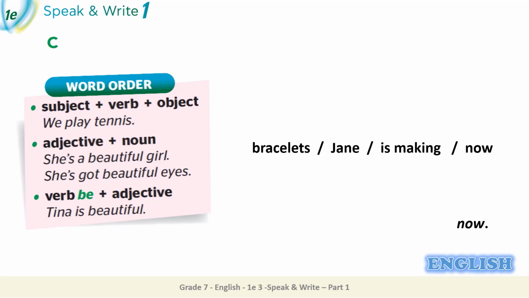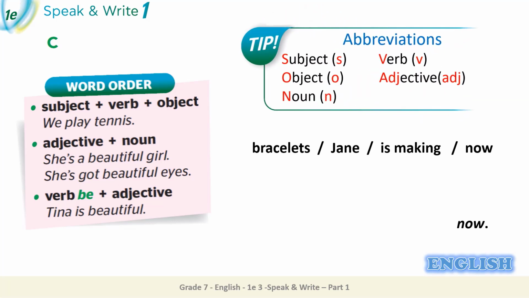Now, let's remember also together, as a tip, abbreviations. Usually we refer to the subject as S and the object as O. We also refer to the noun as N, the verb as V, and the adjective as ADJ. Now, let's start to put the scrambled sentence in order.